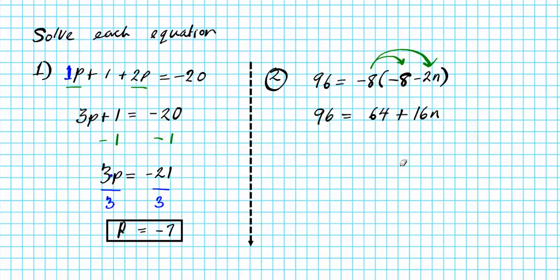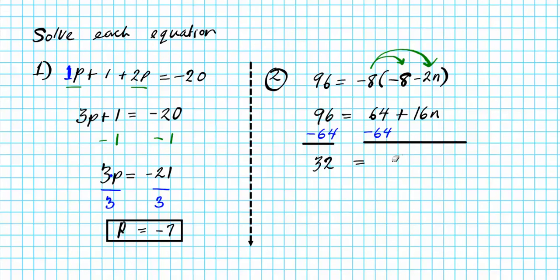Okay, now let's go ahead and get the variable term isolated. So to accomplish that, 64 needs to go to the other side. So we subtract 64 from both sides of our equation. And let's see what we get. On the left side, we end up with positive 32.